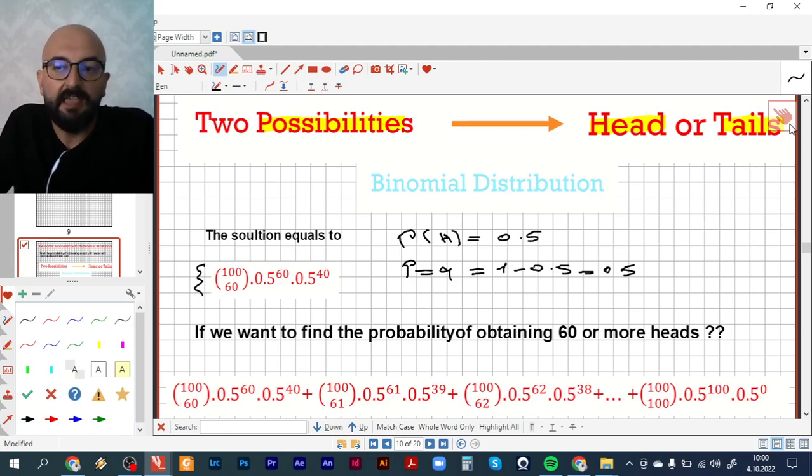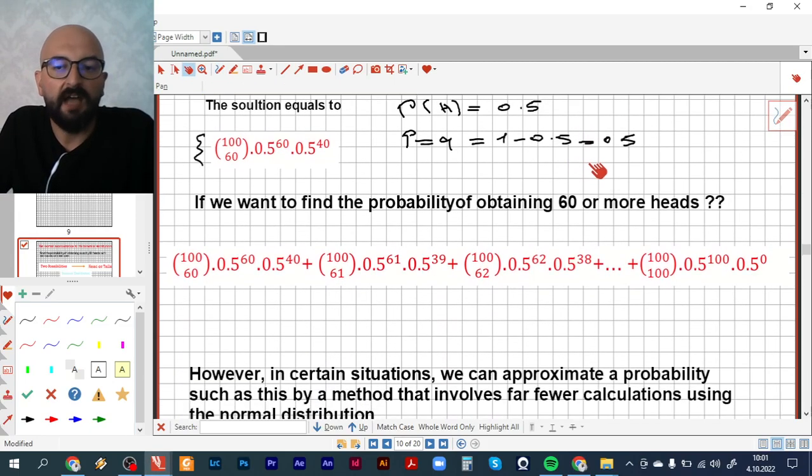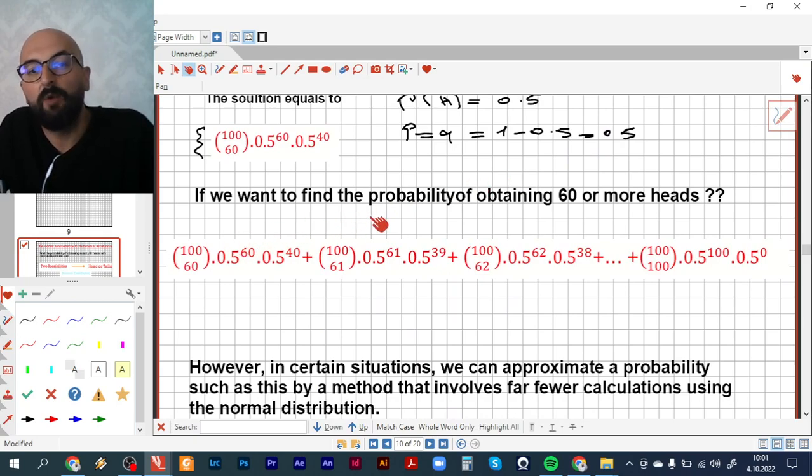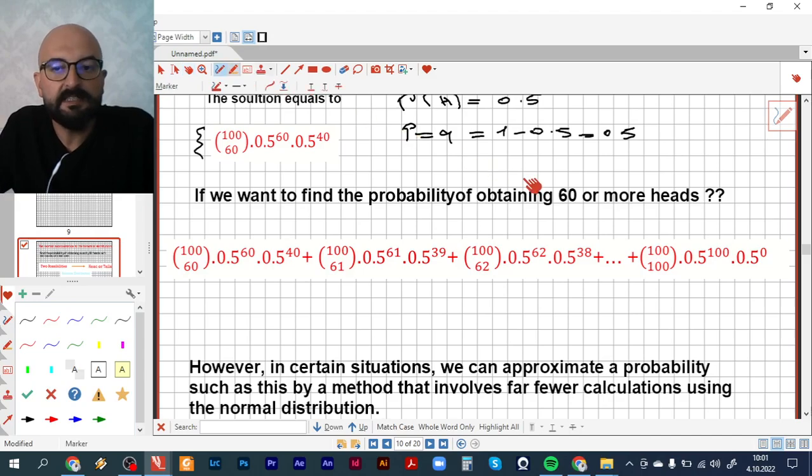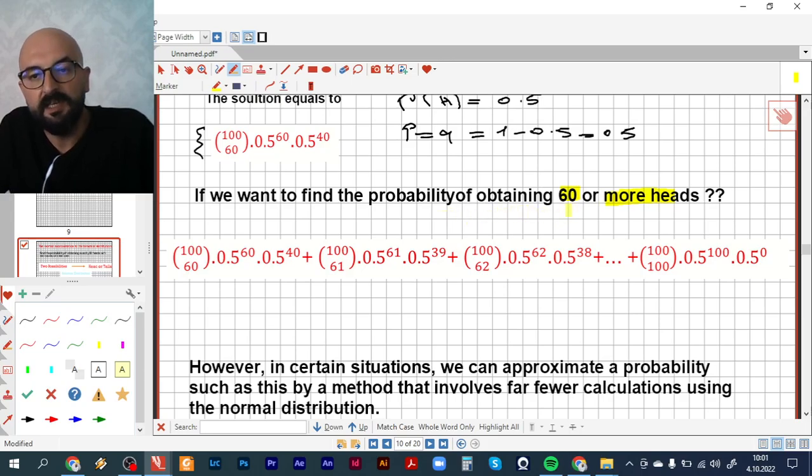But if they want us to obtain 60 heads or more heads, and if we want to use the binomial distribution, it becomes very long formulas, a long process.